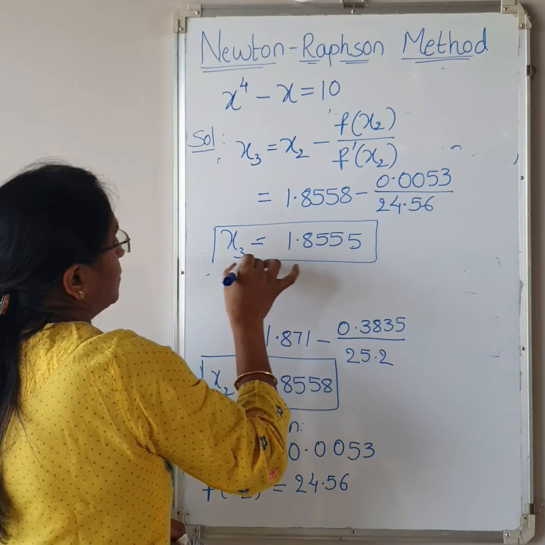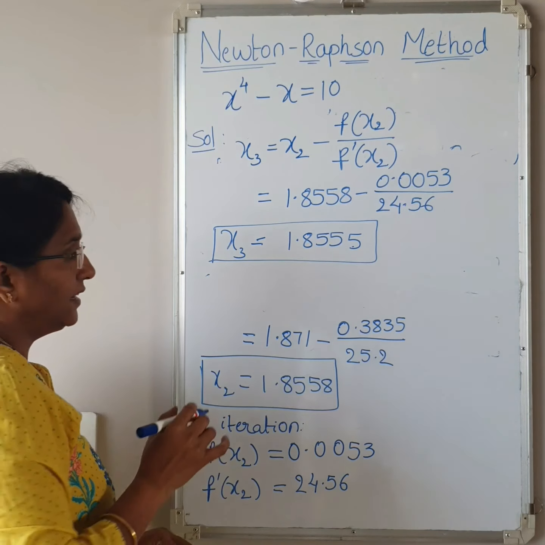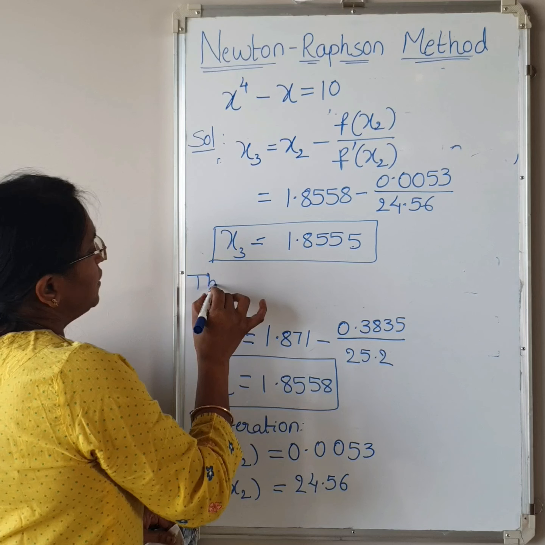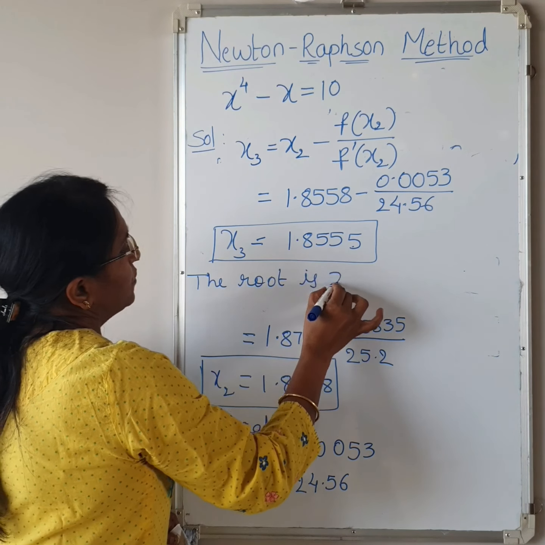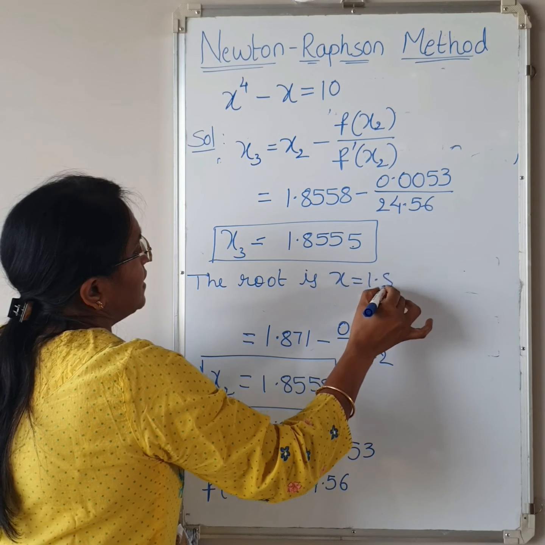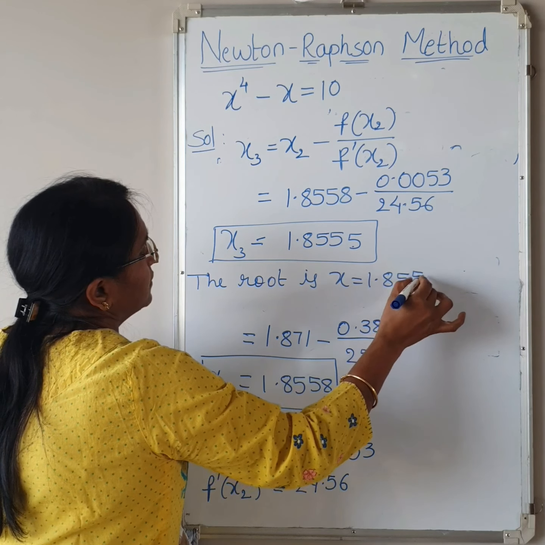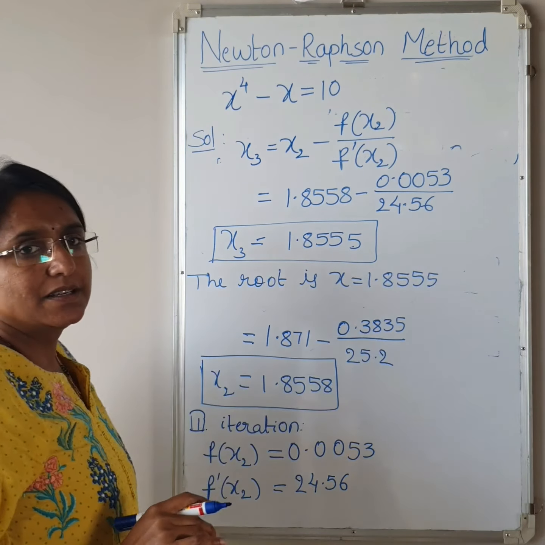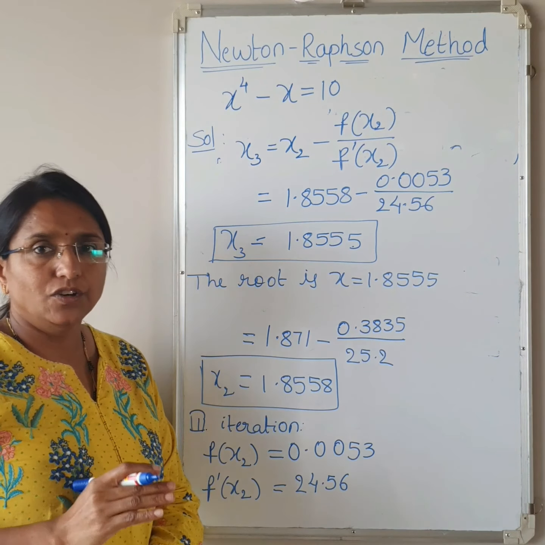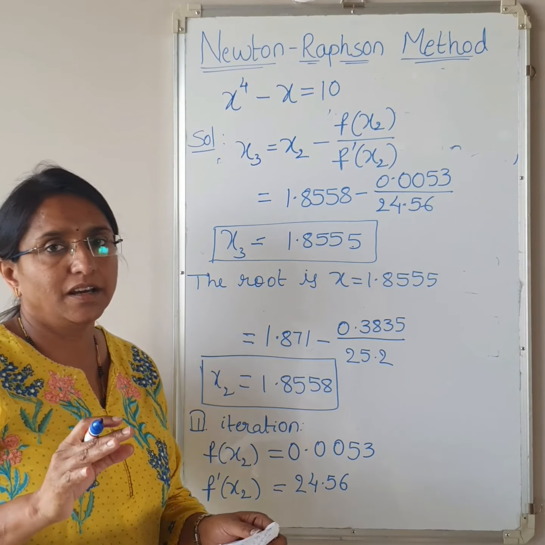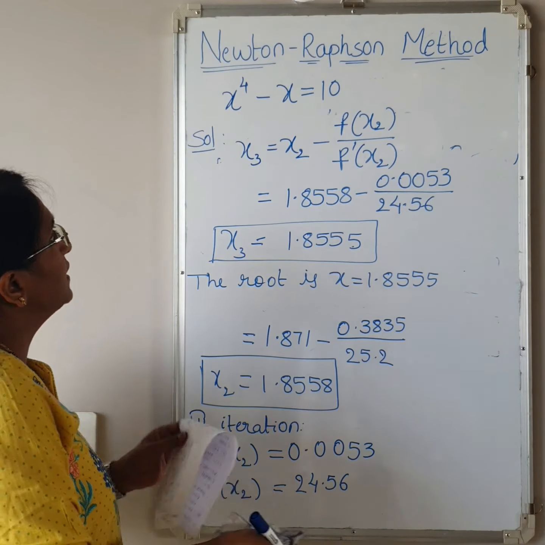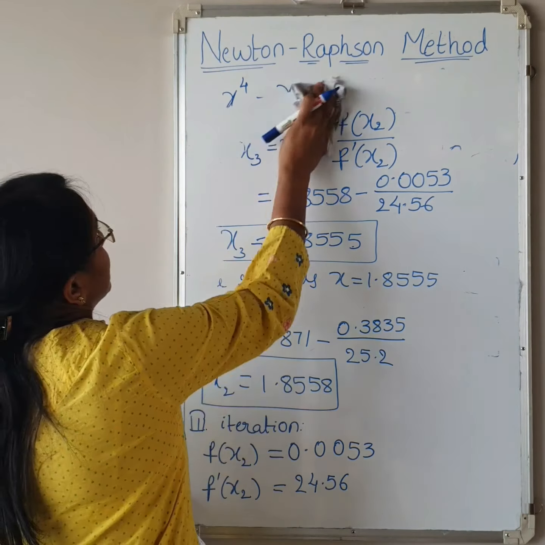So x3 is equal to this. Finally you have to write the answer. Therefore the root is x equal to 1.8555. So this completes one example. Just repeat the steps, and finding the neighborhood point is important here. Let us take the next example, that is the second example.